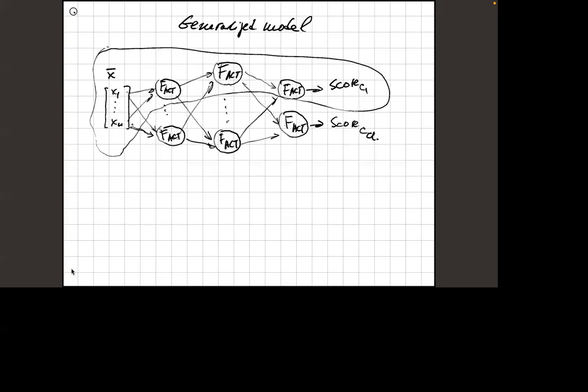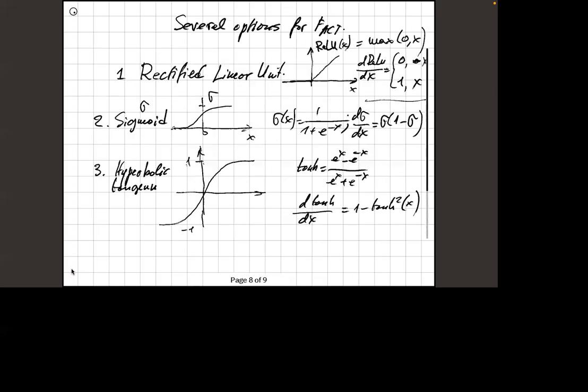If we use the functions I introduced, ReLU, sigmoid, and such, they will spit out a score, depending on the function in the range of minus 1 to 1, 0 to 1, or whatever magnitude you have in your data. If you normalize and do a Z transform, it is also between 0 and 1.